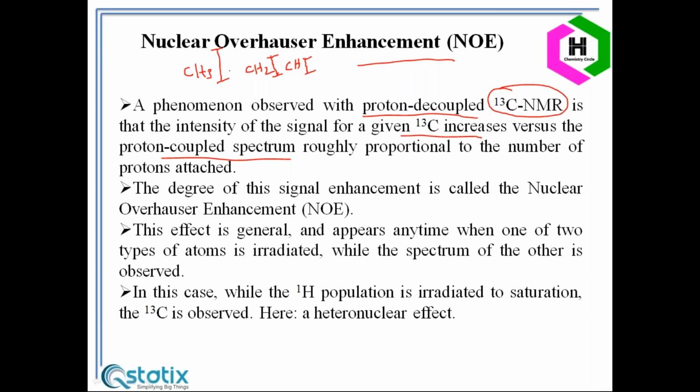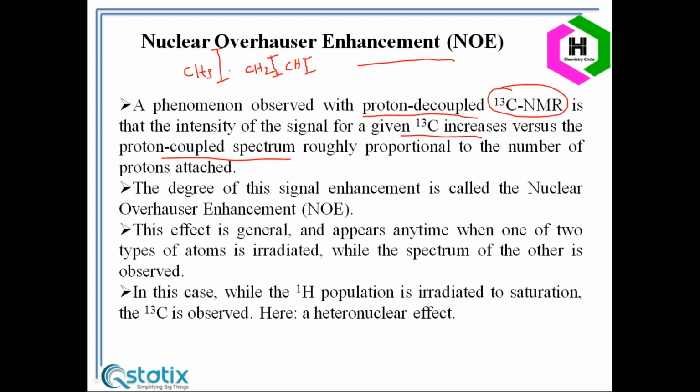So this proton decoupled spectrum is proportional to the number of protons attached there. If two protons are attached to that carbon, you'll have one intensity; if three protons are attached, you will see a different one. So signal intensity is different.